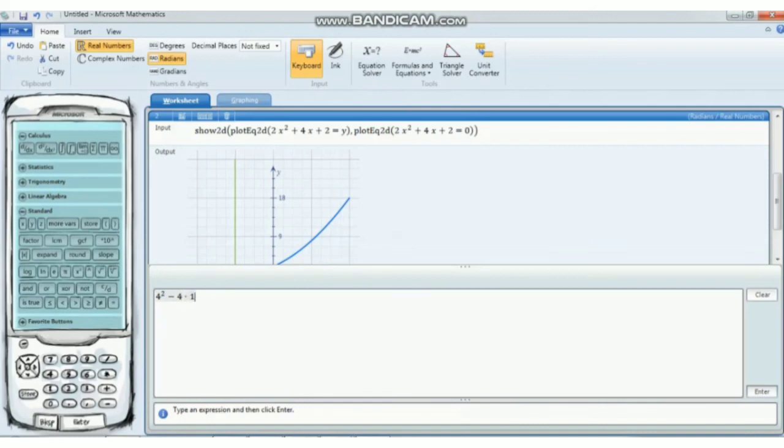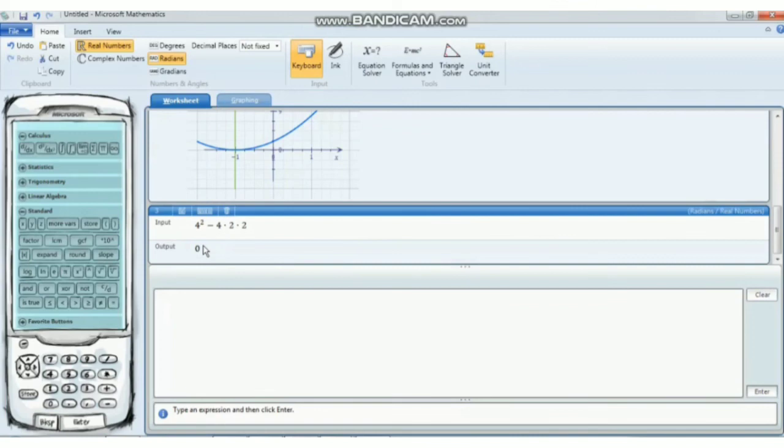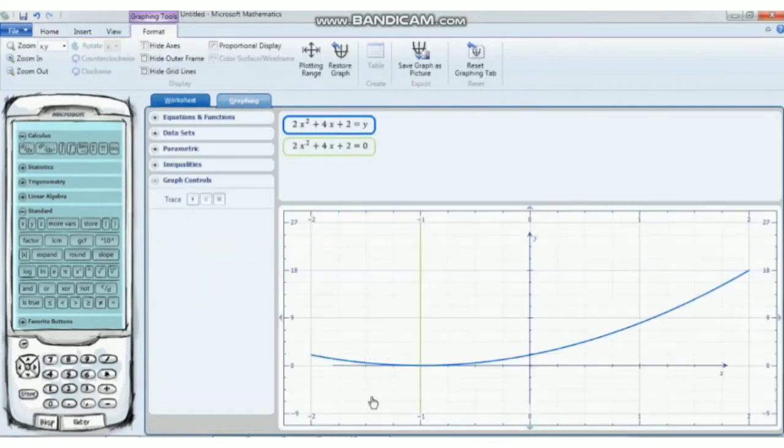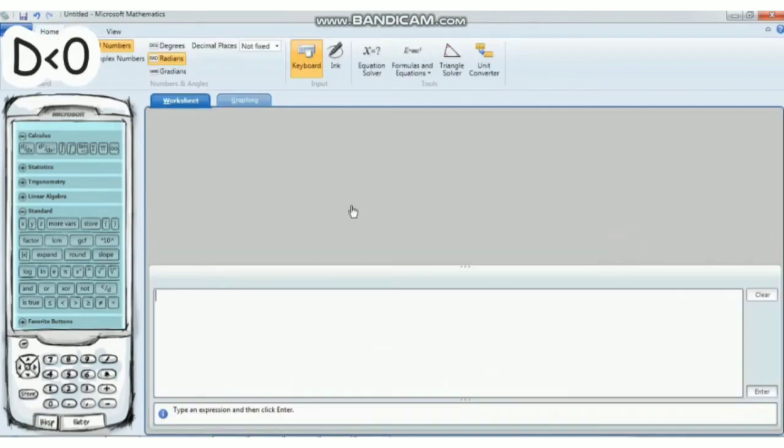It's 2 squared minus 4 multiplied by 1 multiplied by 1. The value is 0. And for the graph, we know that it touches the x-axis at 1 point. The point is x equal to minus 1.